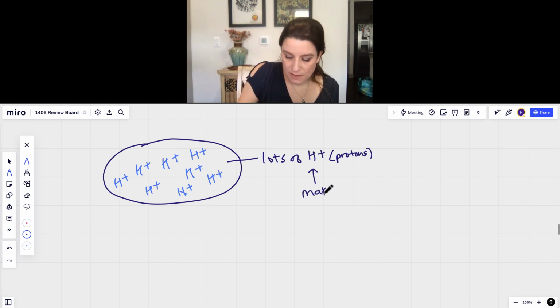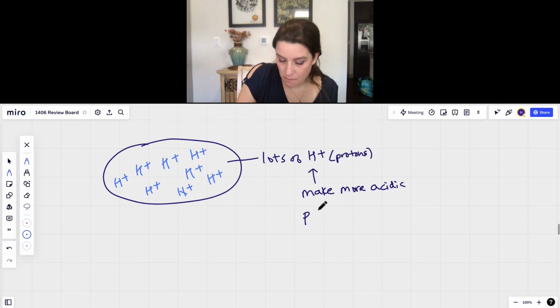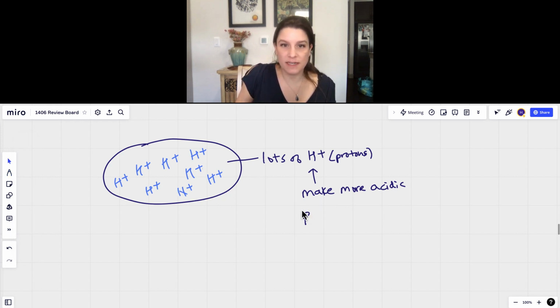Hydrogen ions make solutions more acidic. So the inside of the thylakoid discs is going to be highly acidic, or more acidic compared to the stroma. The inside of the intermembrane space is going to be more acidic than the matrix. And why is that? Because the hydrogen ions are being concentrated there. So this is going to be an acidic pH.